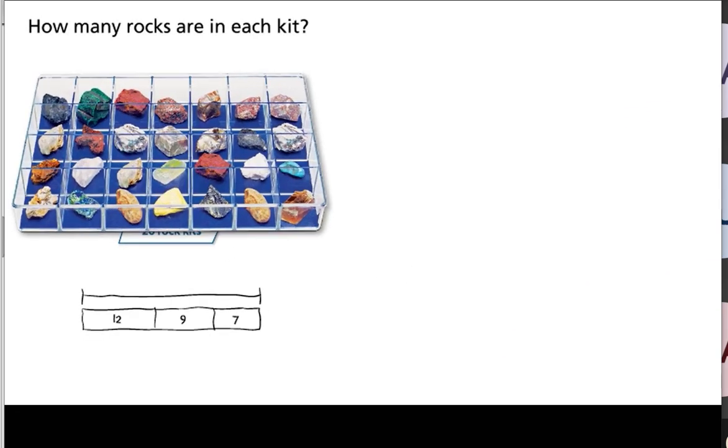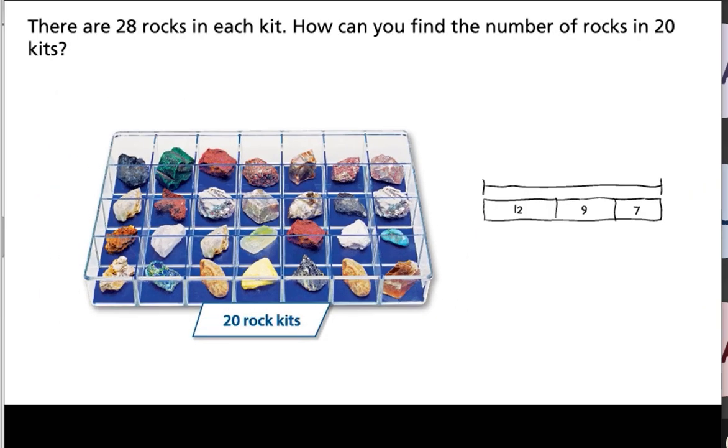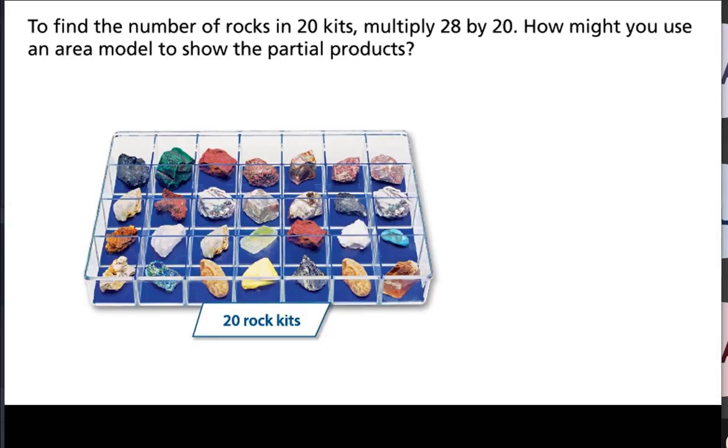How many rocks are in each kit? There are 28 rocks in each kit. How can you find the number of rocks in 20 kits? To find the number of rocks in 20 kits, multiply 28 by 20. How might you use an area model to show the partial products?